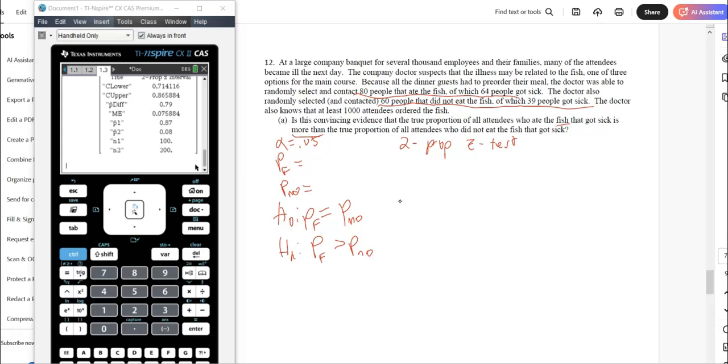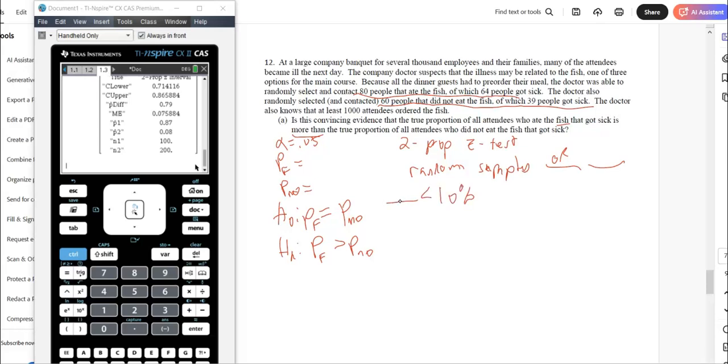Conditions, I'm hoping these are randomly selected. Yes, they are. Random samples, plural, of those who got sick eating the fish, and those who got sick not eating the fish. Less than 10%.